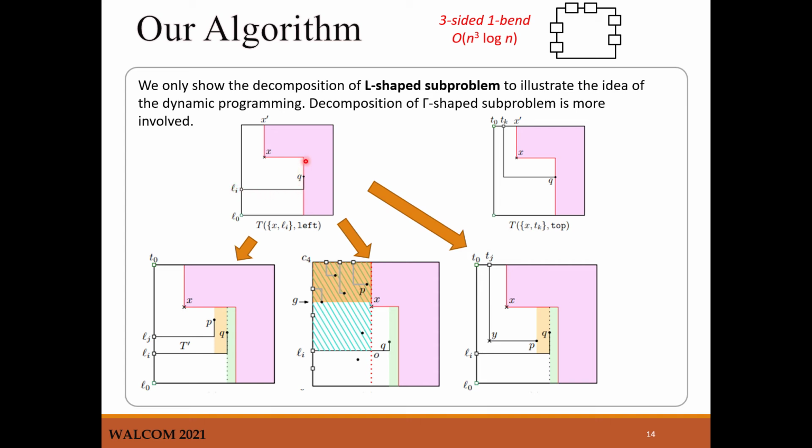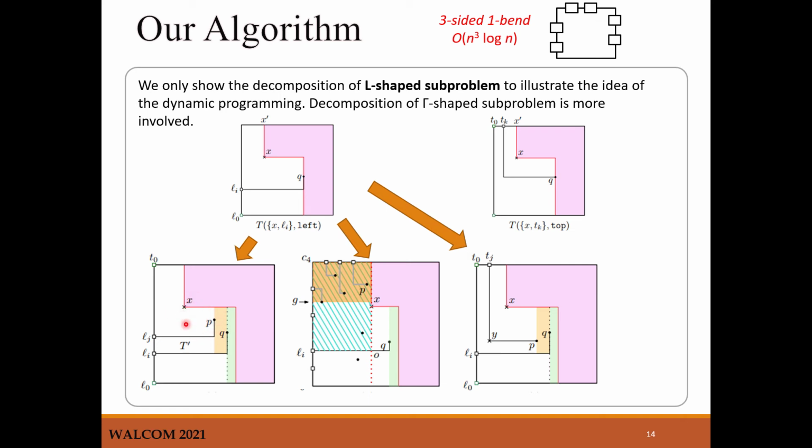We find the point Q and then sweep the vertical line through Q to the left until I hit the point P. Now if P is to the right of x, then I seek ports on the left side of the subproblem, and if there are some ports, then I pick the bottommost one and connect it to P, and I know that this is a safe option, and that means I get another smaller L type subproblem, and we are done for this particular case.